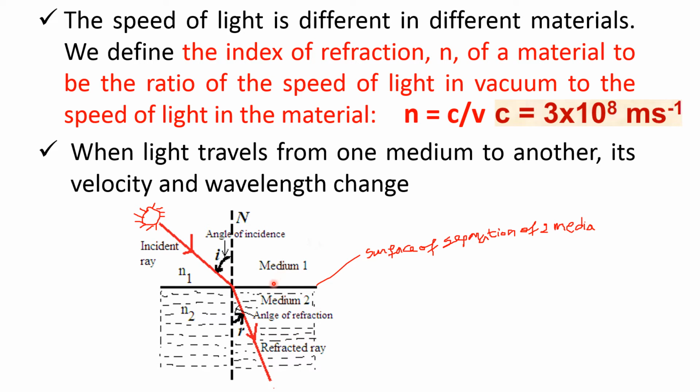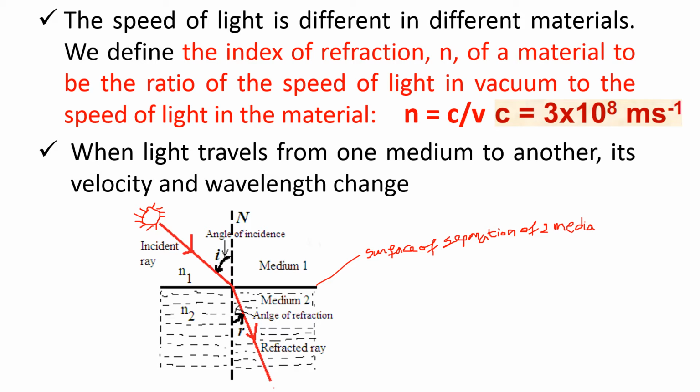The speed is calculated by considering the index of refraction equals the speed of light in a vacuum divided by the speed of light in a given medium. Then n, the index of refraction of the material, means the slowing factor of light, where the speed of light in vacuum equals 3 times 10 to the power 8 meters per second.